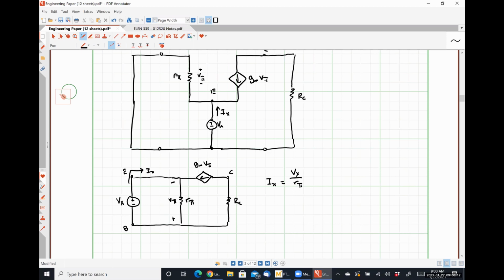And I will add to that my dependent current source contribution, gm times v pi, where v pi is the exact same thing as negative Vx.